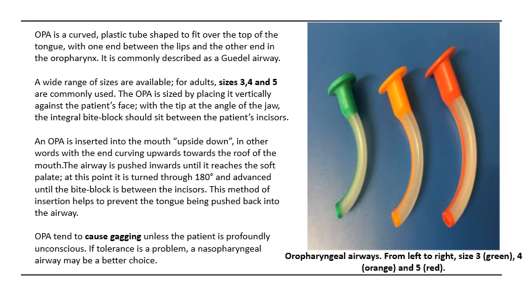An oropharyngeal airway is inserted into the mouth upside down, in other words, with the end curving upward toward the roof of the mouth. The airway is pushed inward till it reaches the soft palate.